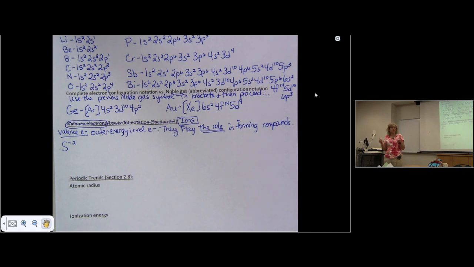It gained 2 electrons where? In the outer energy level, which is the third energy level, and the P subshell.